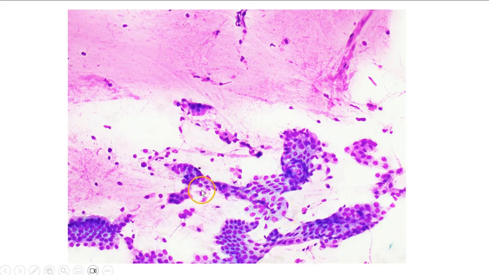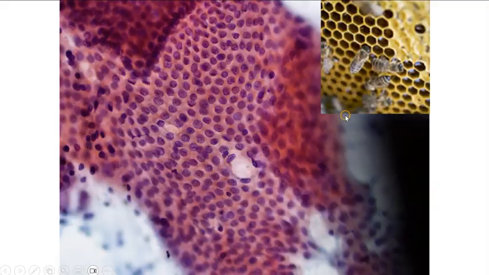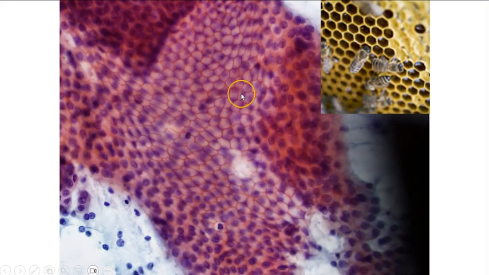Again, we have honeycomb sheets of columnar cells with some thin mucoid material in the background. And when we focus up and down, we are actually able to see the mucus cap, and we can see the cytoplasmic borders very clearly, forming this regimented honeycomb arrangement. So this is what we will typically see in benign gastric foveolar epithelium.